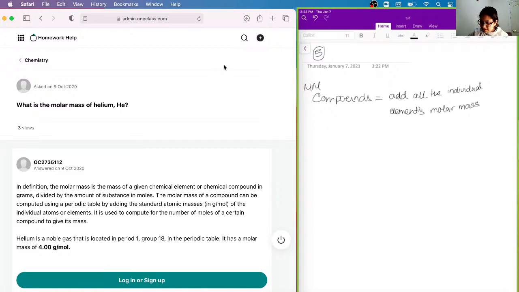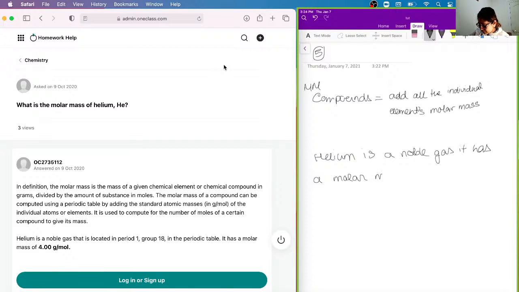For helium, since helium is a noble gas, it is located in period 1, group 18, and it has a molar mass of 4.0 grams.